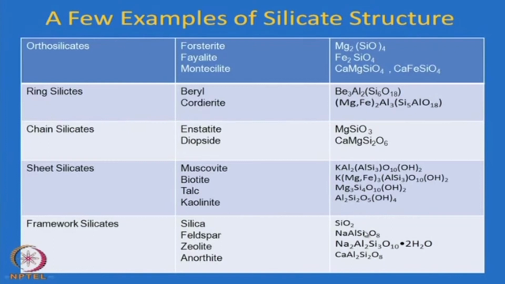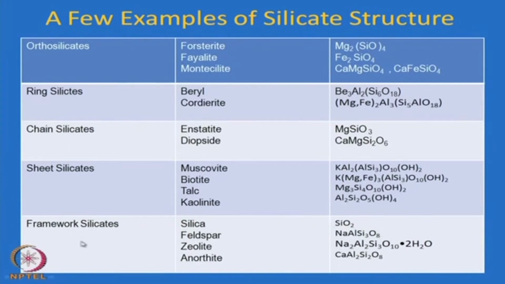Otherwise it is basically a silica structure, with all the oxygen ions shared by silicon ions, but because one of the silicon ions has been replaced by aluminum, which goes to the tetrahedral site, one sodium ion has to come in to compensate for the charge imbalance, and that is how a feldspar compound is created.